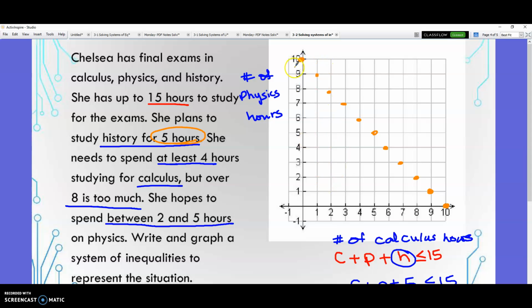Or she could spend 10 hours in physics and 0 hours in calculus. But this would be the line for that first inequality.